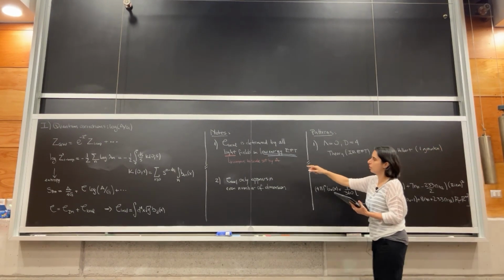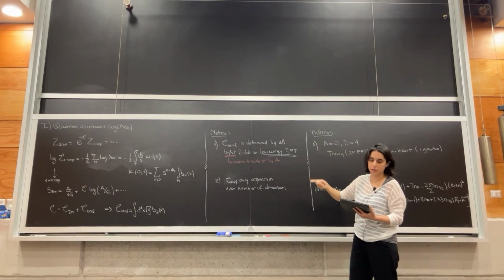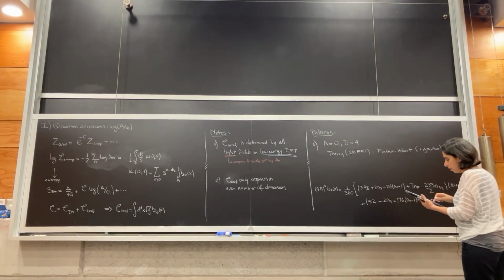So when I compute the one loop correction, I have to include the correction that comes from the graviton.